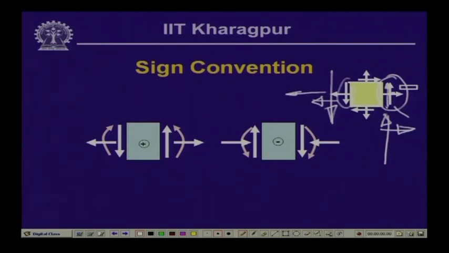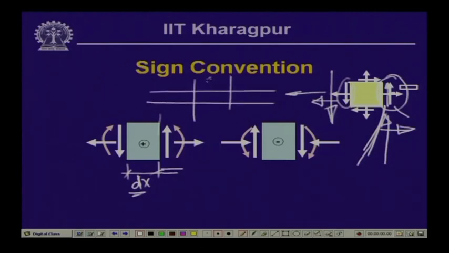So, to keep parity with this, the convention which we have used is the shear force on this right hand side. Supposing this is a part of the beam, if we call dx the length which is taken out from a beam, then on the right face the shear force acting upwards and the moment which is anti-clockwise are positive, and the axial force which is directed towards the x direction is positive, and the reverse are acting on the left hand face.